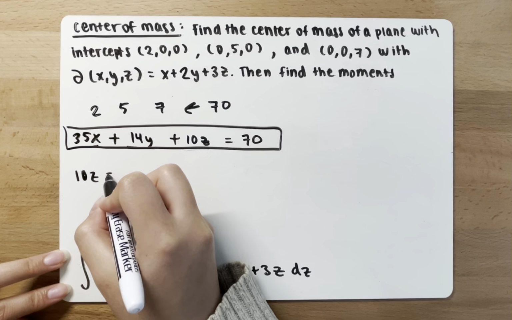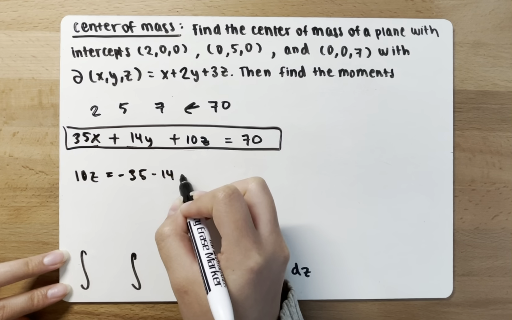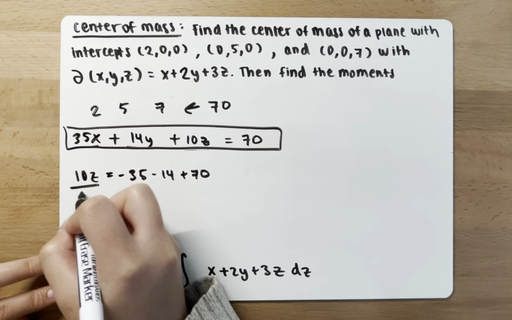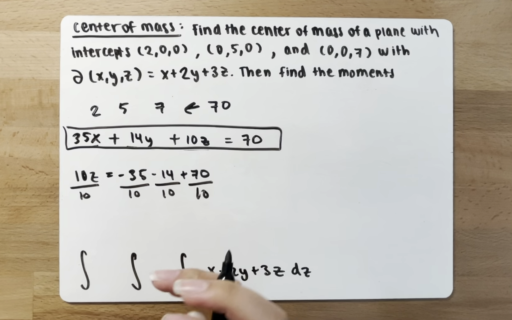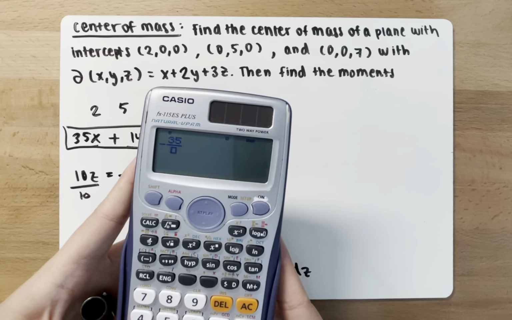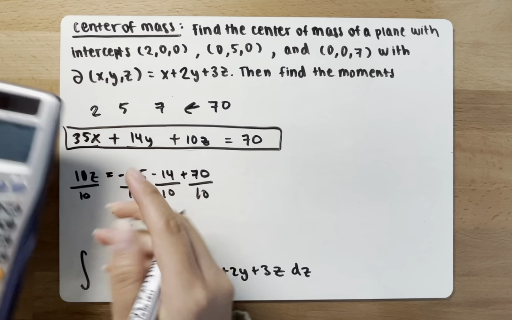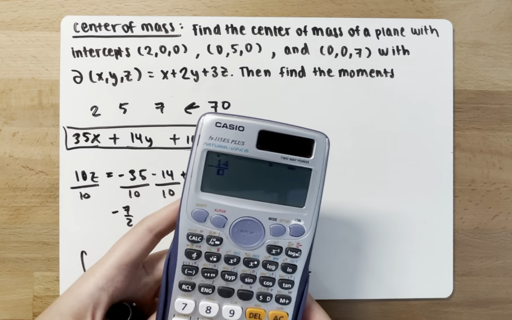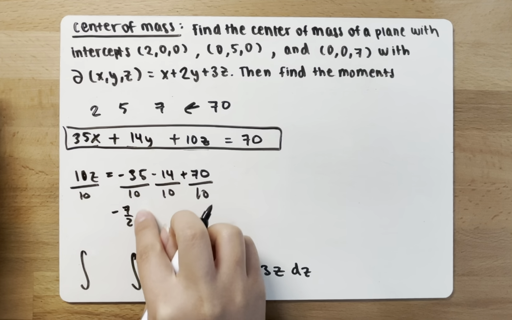So you have 10z = -35x - 14y + 70. Divide 10 on all of these values. Negative 35 divided by 10 is -7/2. Negative 14 divided by 10 is -7/5.